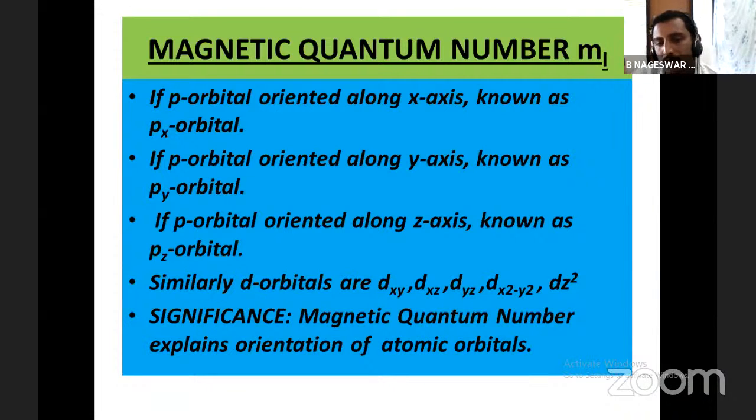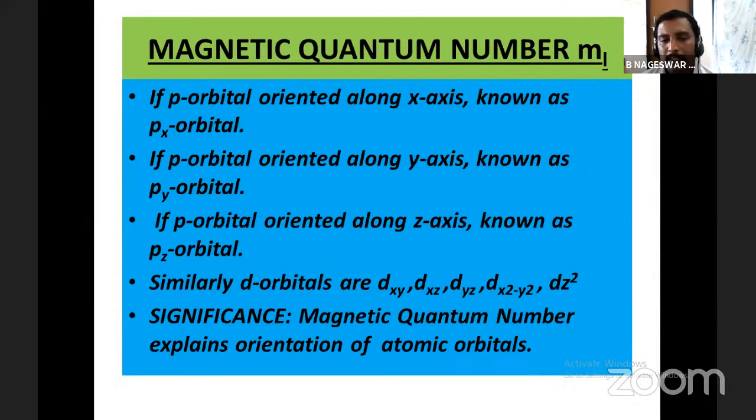Based on how the orbitals are oriented along the axis, we give the name. Similarly, d orbitals are dxy, dxz, dyz, dx square minus y square, dz square. How many orientations are here? Totally 5 orientations.